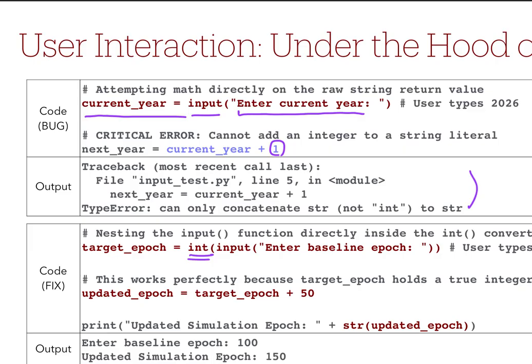But of course, this code is not that safe, because if the user types some information in, say, a float type, or if the user provides some text string, then the conversion by the int function will cause an error.